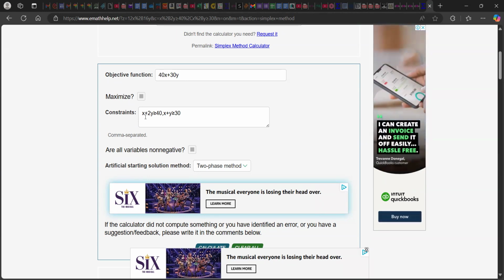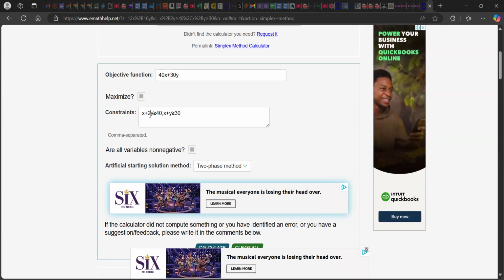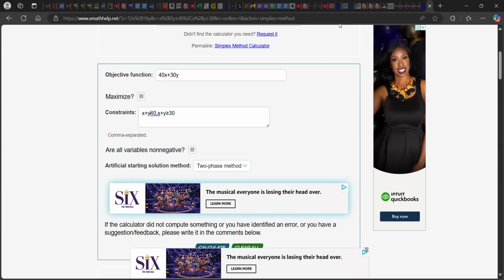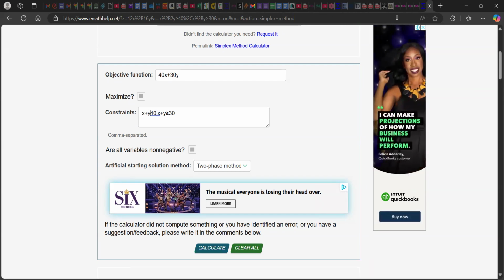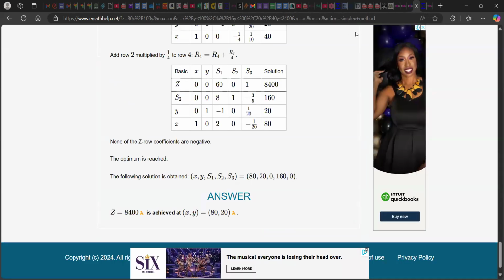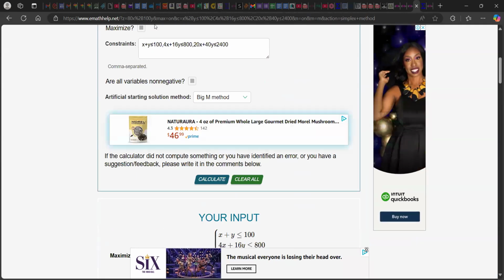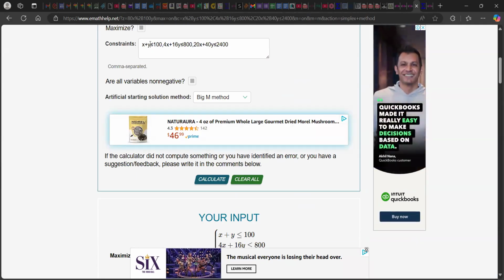I want to maximize x plus y, which must be less than 12. These things take some doing.